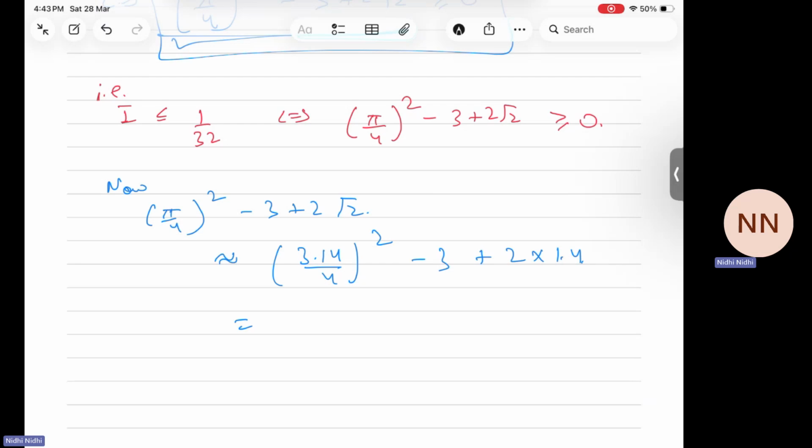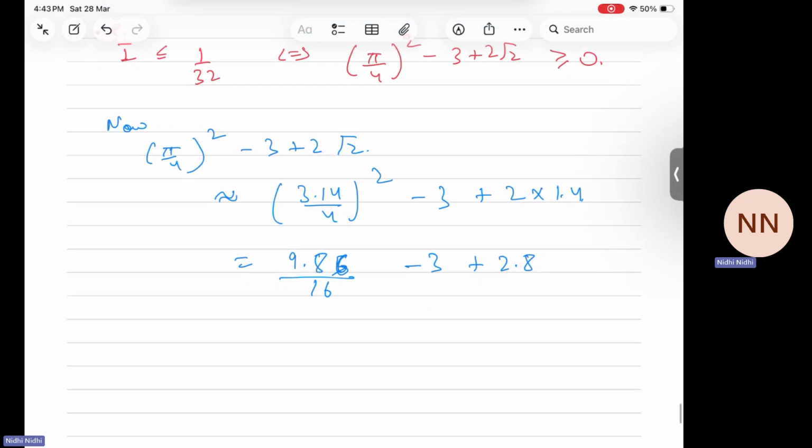So if we take the square of 3.14, this will be something like 9.85, or we can say 9.86, upon 16, minus 3 plus 2.8. Taking 16 to be LCM, 9.86 minus 0.18 times 16 upon 16, since minus 3 plus 2.8 is minus 0.18.